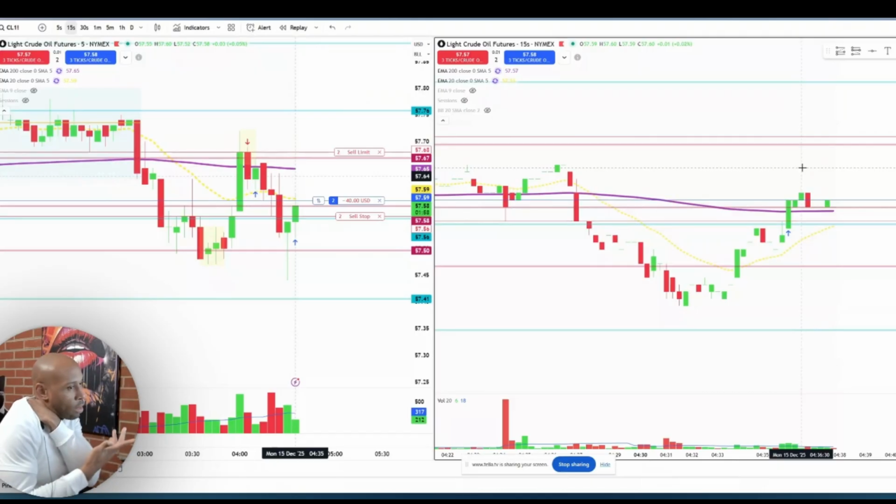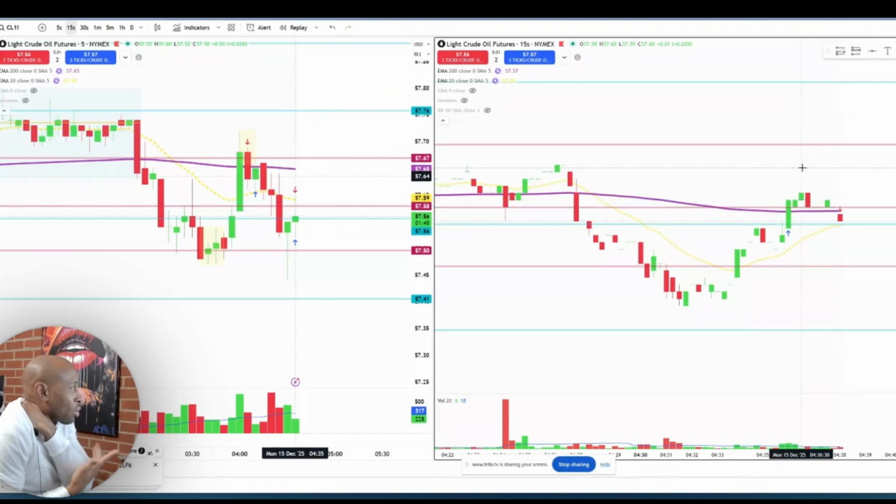Correct me if I'm wrong, if anybody follows her. It might have been 40, but it might have been 400, man. I don't know where I'm getting this number from, but I want to say it was 400 trading accounts, bro, at 400 before she became profitable.